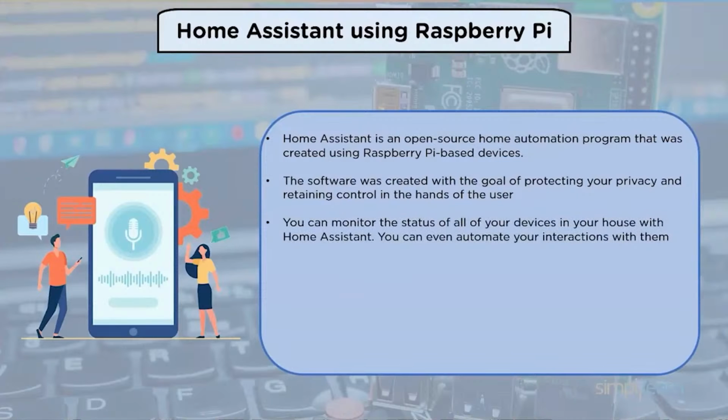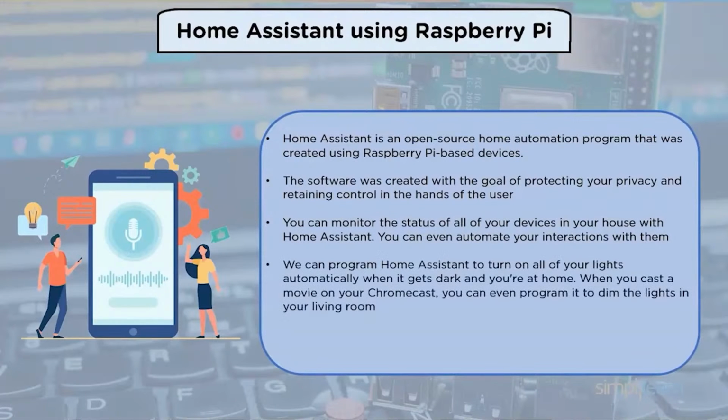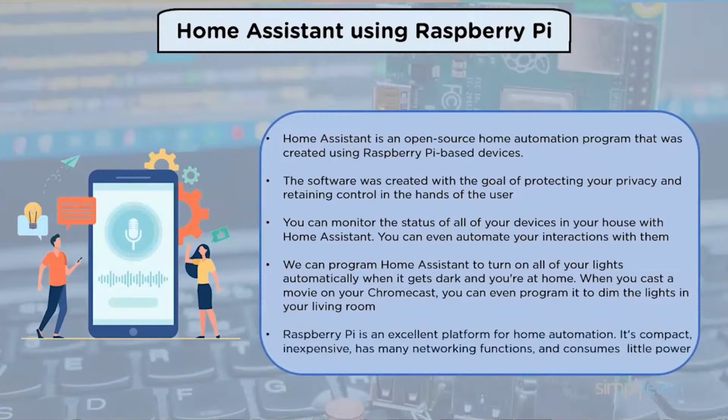You can even automate your interactions with them. We can program Home Assistant to turn on all of the lights automatically when it gets dark and you're at home. When you cast a movie on your Chromecast, you can even program it to dim the lights in your living room. Raspberry Pi is an excellent platform for home automation. It's compact, inexpensive, has many networking functions, and consumes little power.